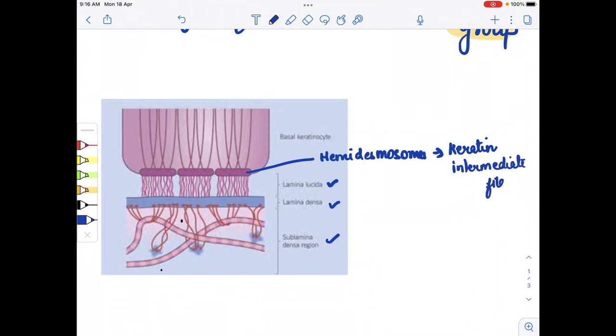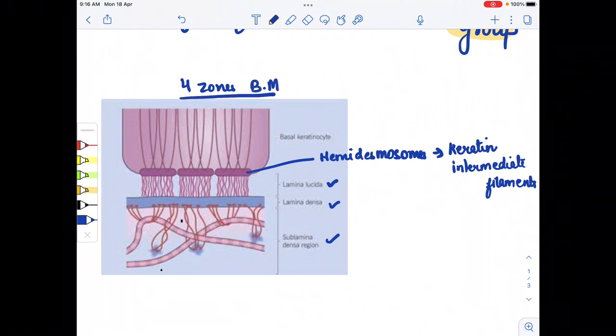So these are the four zones of the basement membrane: first the hemidesmosomes, second the lamina lucida, then the lamina densa, and then the sublamina densa.